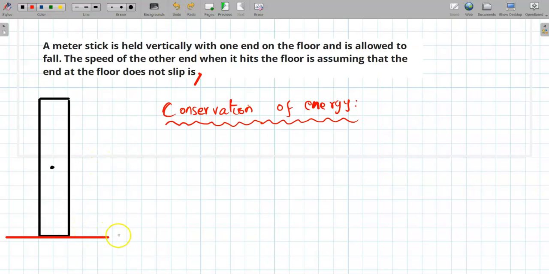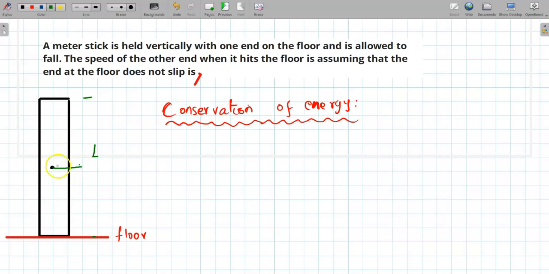Here is the ground or the floor, a reference point, and the total length of the stick, assume as L. The uniform meter stick has its center of mass at the middle point.